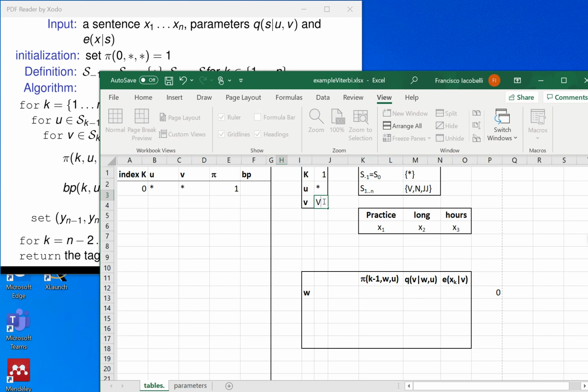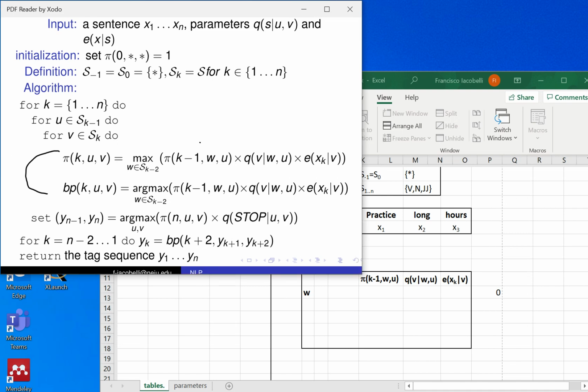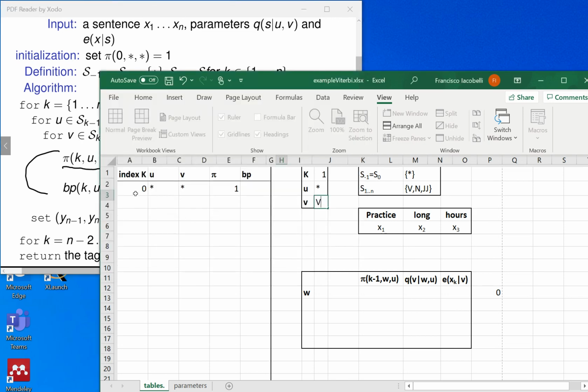The first element is V. Then we go inside the for loop, and we're going to compute these two things. So the first one is going to be the table entry, pi of KUV. Pi of KUV. K is 1, U is star, and V is V.